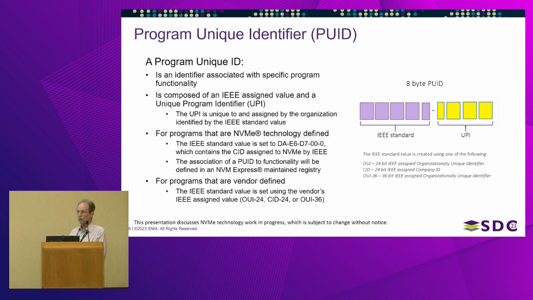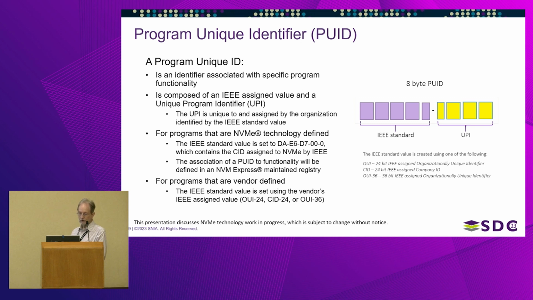Now, what we are doing in NVMe is defining a set of program unique identifiers. The IEEE standard has been assigned a 24-bit identifier of DA, E6, D7.